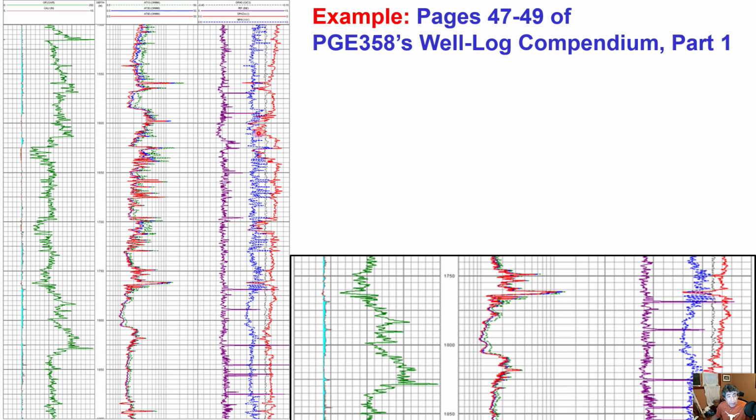But the interesting thing is that if you just look at the gamma ray log here, you would say, those places where the gamma ray log is high, they necessarily have to be shales, because that's what I learned. Okay, so if they're shales, why is it that the resistivity log increases as opposed to decrease?